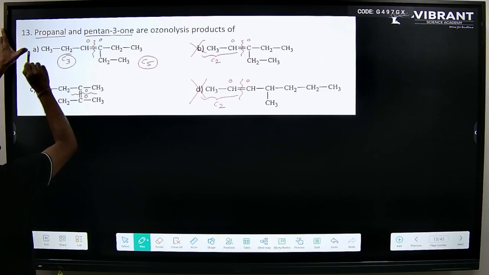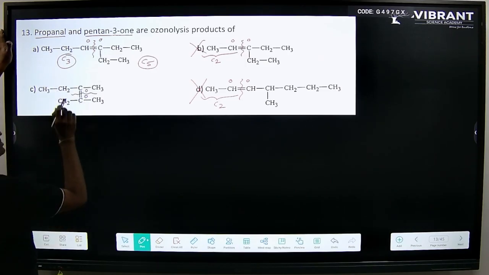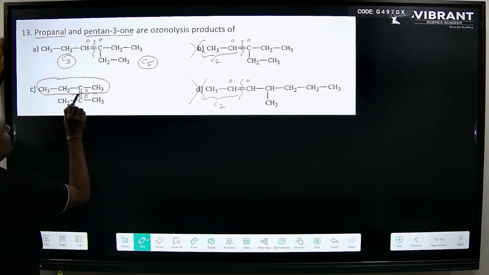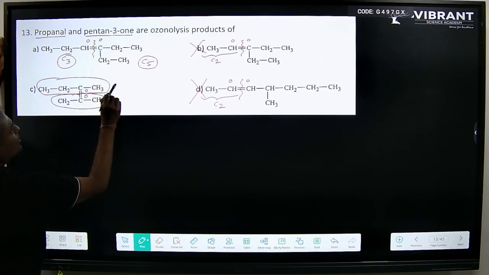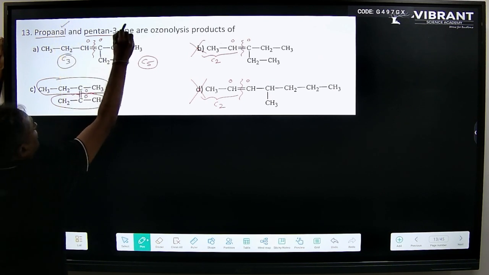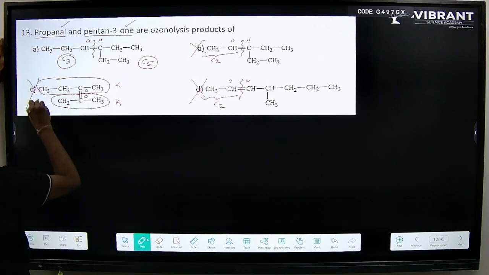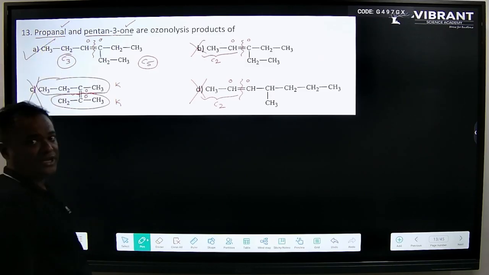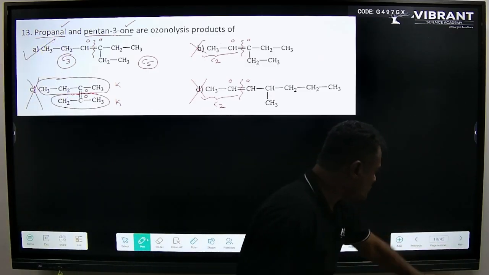So this has to be the correct answer. Let us see why the other is wrong. In this example, child, the upper part is a ketone and the lower part is also a ketone. So both the compounds are ketones, and it cannot be true because we need one aldehyde and one ketone. That means even this answer is incorrect. So your correct answer has to be A. I hope this is clear, child. Let us proceed to the next question.